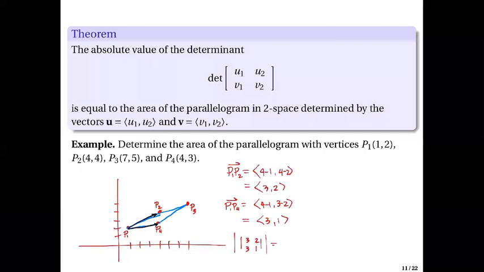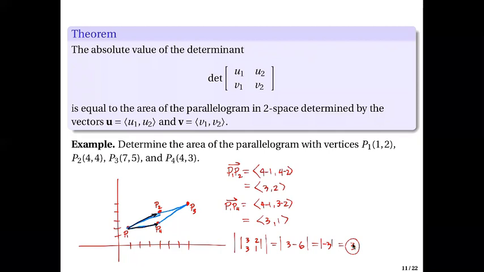This is equal to the absolute value of 3 times 1 minus 3 times 2. That's 6 here. And this is equal to the absolute value of negative 3. This is 3. So the area of this parallelogram is equal to 3. Okay?